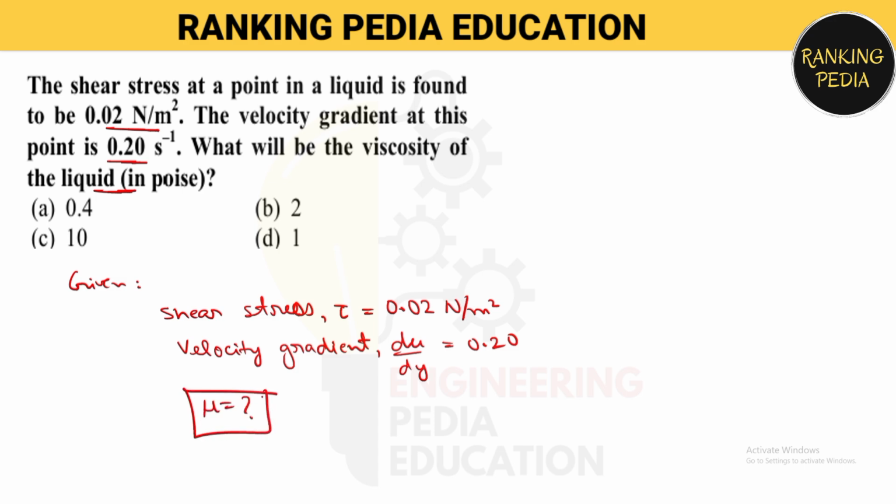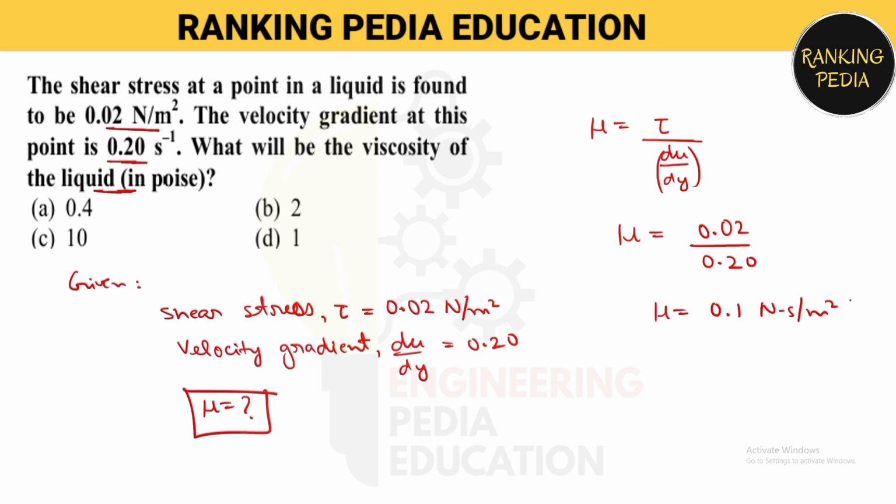Formula for this is viscosity equals shear stress by velocity gradient, du by dy. So 0.02 by 0.20. After calculating, what value have we got? 0.1 Newton second per meter square.